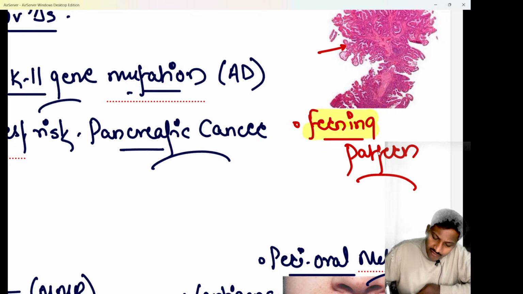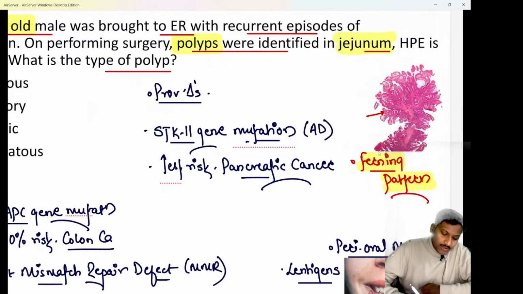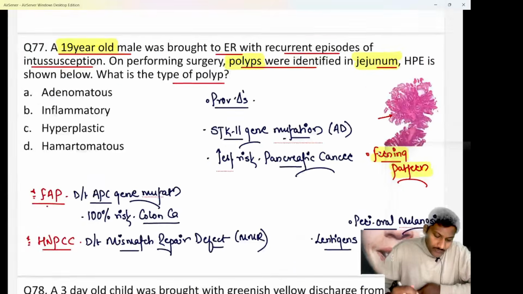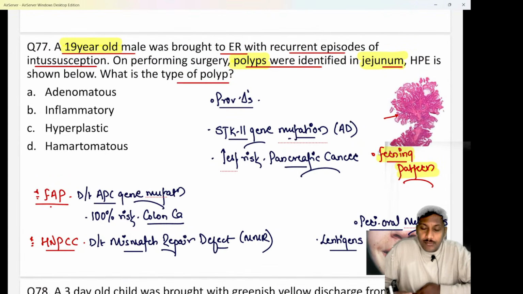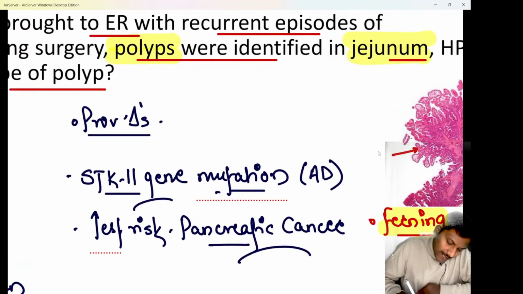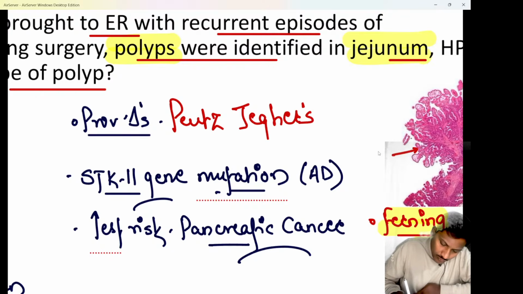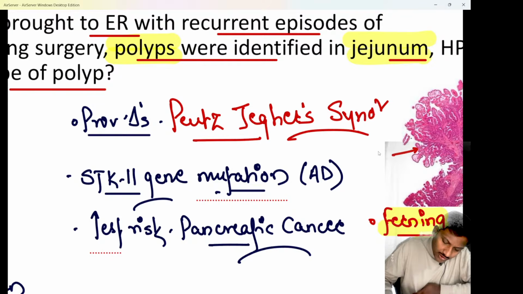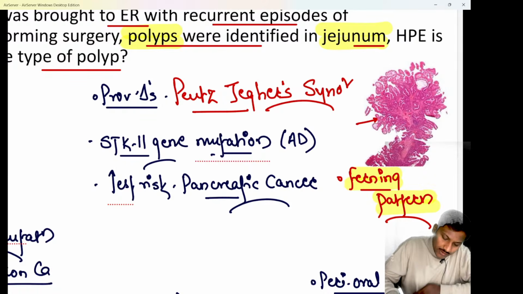And we know adolescent patient with multiple polyps in the jejunum with ferning pattern on histopath is a classical diagnosis of Peutz-Jeghers syndrome, right? We know this condition, Peutz-Jeghers syndrome, it's due to the STK11 gene mutation. So serine threonine kinase or STK11 gene mutation, which follows autosomal dominant pattern of inheritance, is the cause for a patient of Peutz-Jeghers syndrome. That is one thing to be remembered.